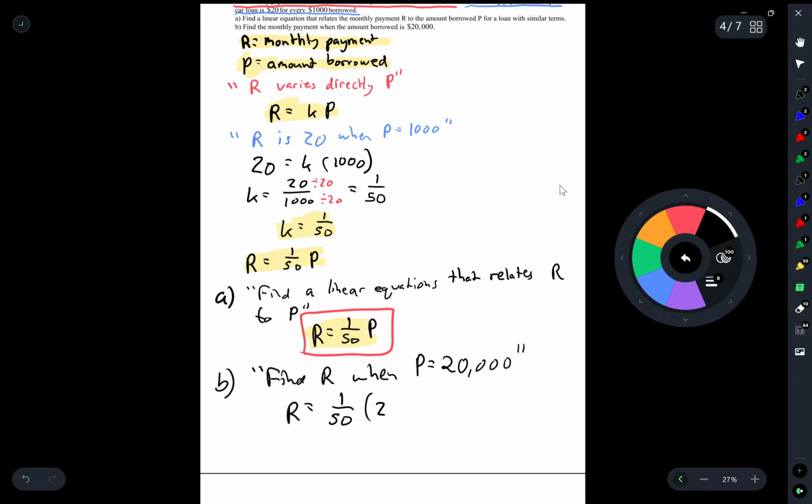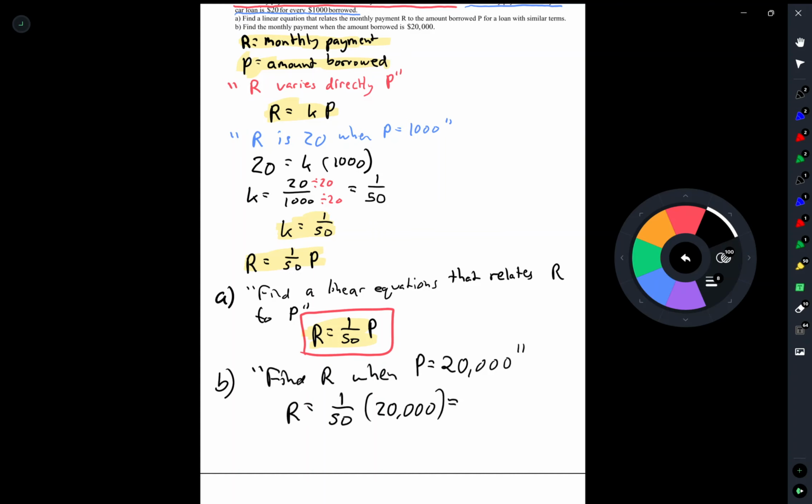1 over 50 times 20,000. That ends up equaling, hold on real quick, I can do this in my head, I hope. 400 goes into there, 100 times about 400.